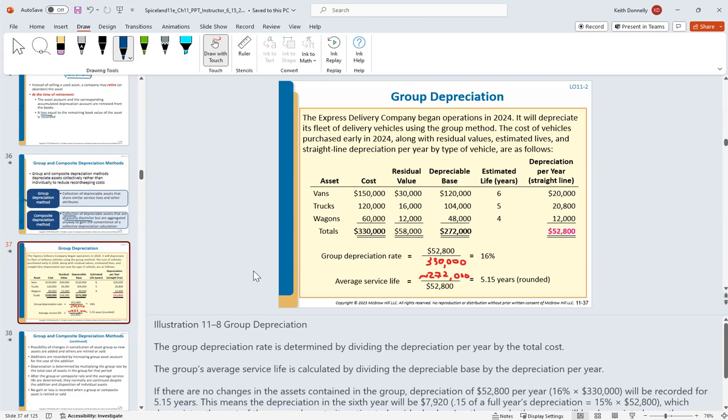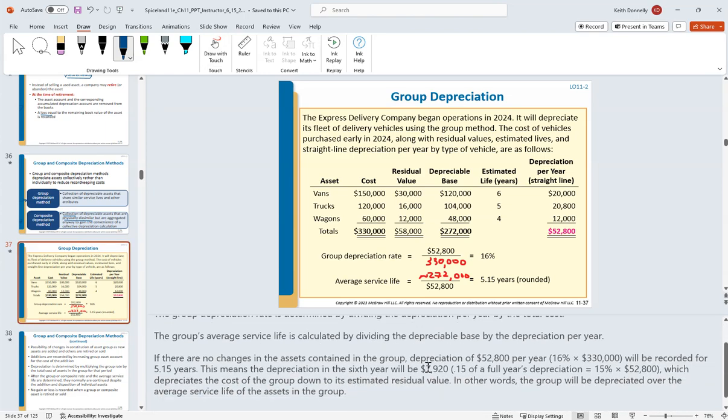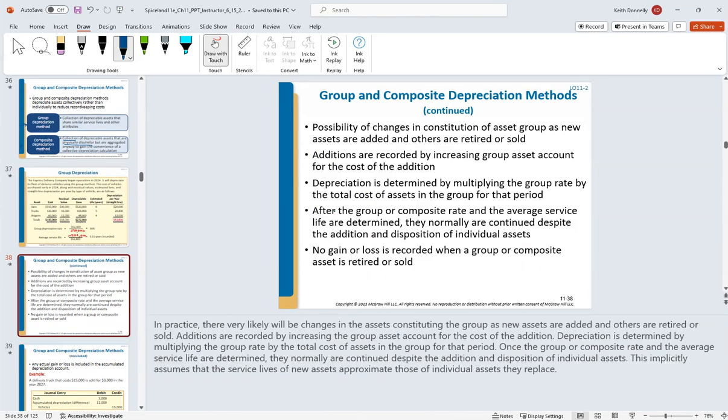So they have an example here. They just kind of run through it. You can see how they do this and read through that for group depreciation, right?